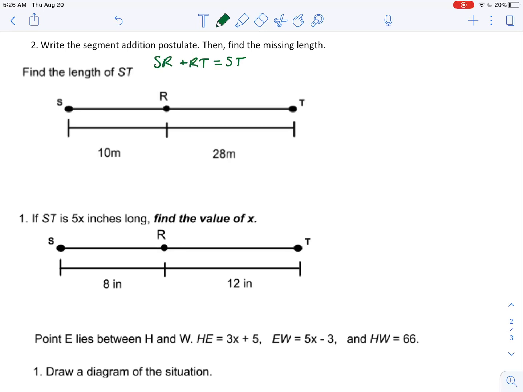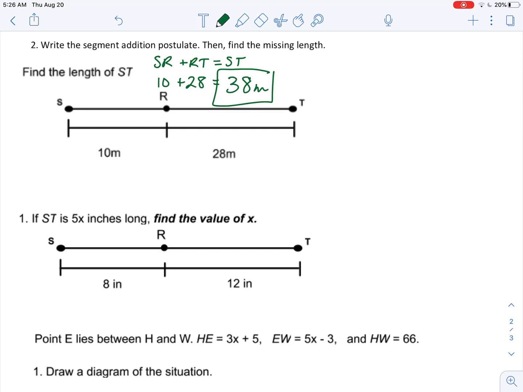And then I can fill in the values. So 10 plus 28 gets ST, which is 38 meters. So ST is going to be 38 meters.